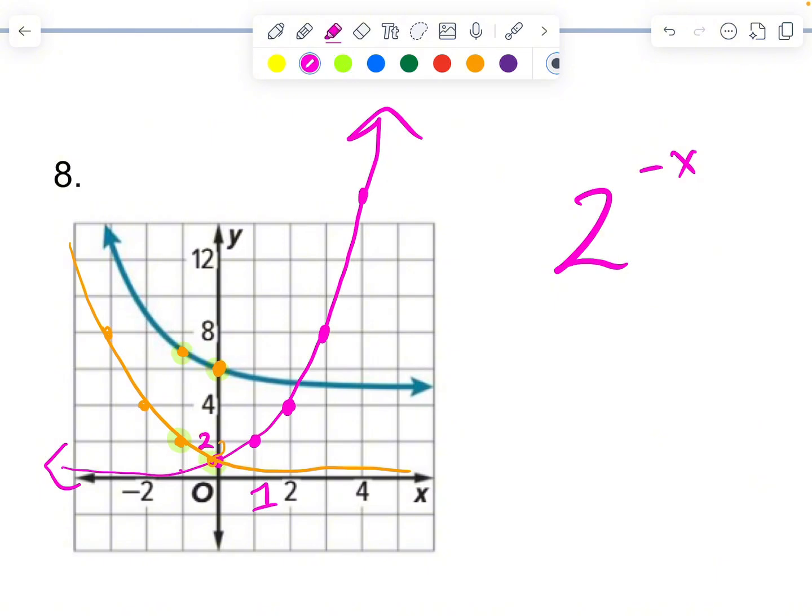And then this point to this point, it went up 1 whole line section. Oh, that's not 2, that's 1. So it went up 1, 2, 3, 4, 5. It went up 5. So that means that this is going to be a plus 5. So y equals that right there.